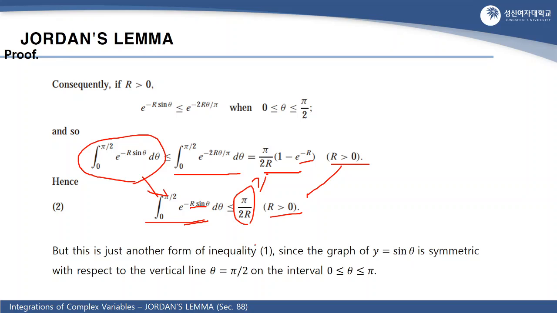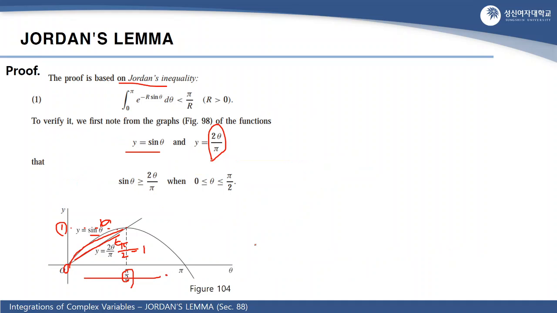So, let's go back and look at the graph of sine theta. You can see that sine theta is symmetric when we reflect it about theta equals pi over 2.